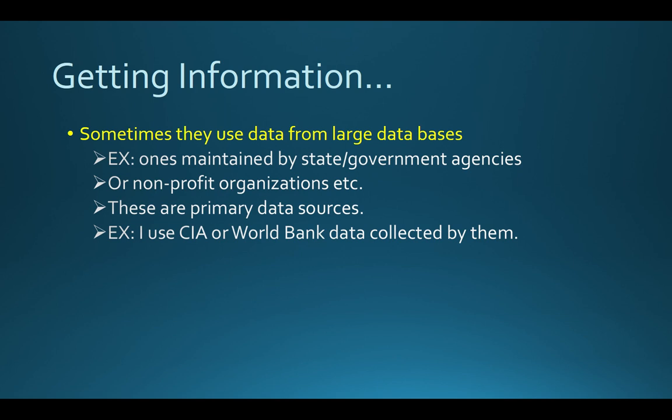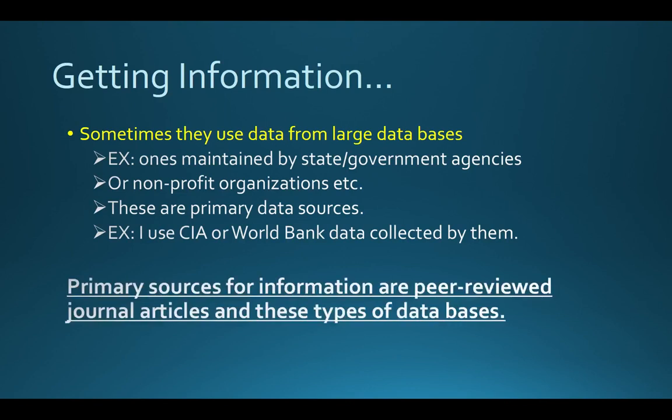So we could go to the CIA World Factbook, we could go to the World Bank and get data from them. Those are great databases where we can go collect information. In fact, the World Bank has all kinds of variables that they have acquired and they make them available. So primary sources for information generally are peer-reviewed journal articles and then these types of databases.